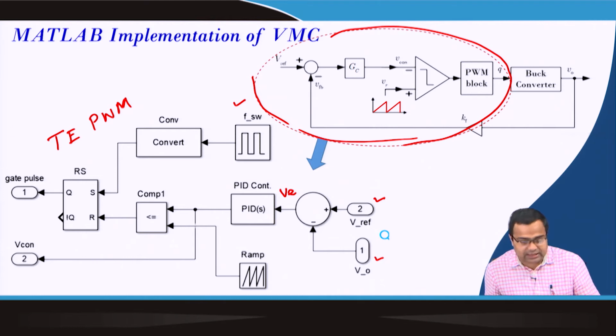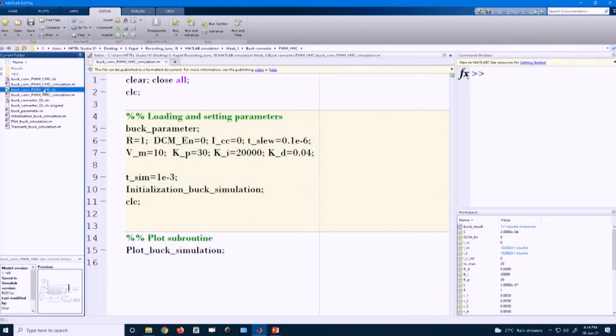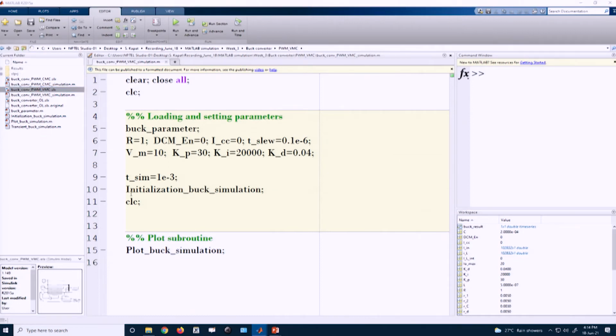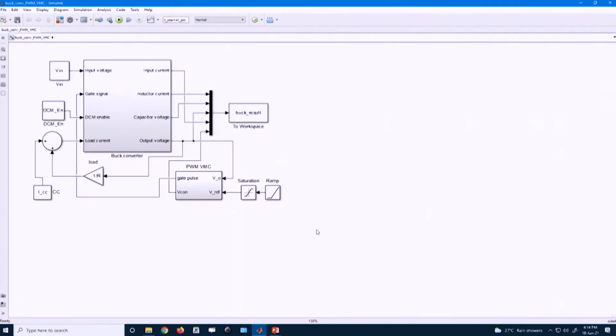Okay. So, let us go to the MATLAB block and see that example. In this example we are going to consider the PWM voltage mode control that I have shown you. So, in this diagram, initially I want to show this block, and I will discuss what it is.